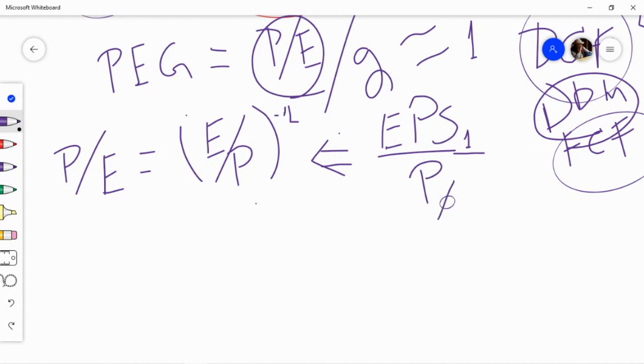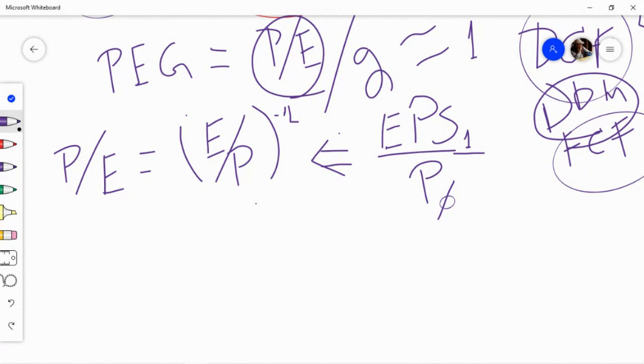Why? Because when you buy the stock, you buy it at time 0. And when you buy the stock at time 0, you can't get the earnings. You will have the earnings only after you buy the stock. In other words, you will have earnings per share at time 1, but for that you had to pay P0, price at time 0.